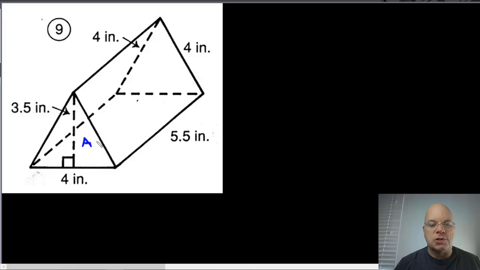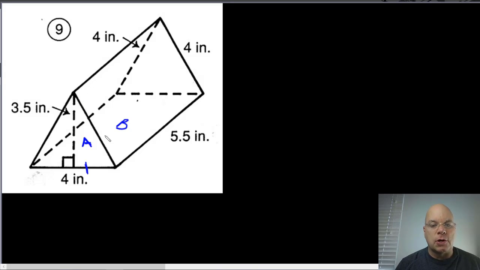This bottom face, this rectangular face, I'll call that B, and it has dimensions 4 by 5.5. Now that I look more closely, I realize that the triangle itself is equilateral. This side of the triangle is 4.